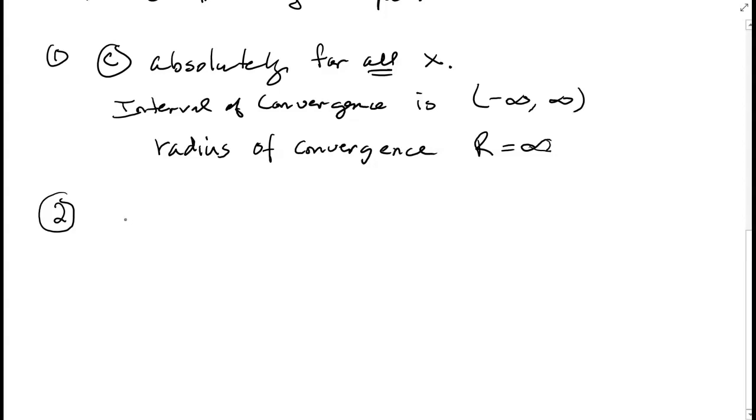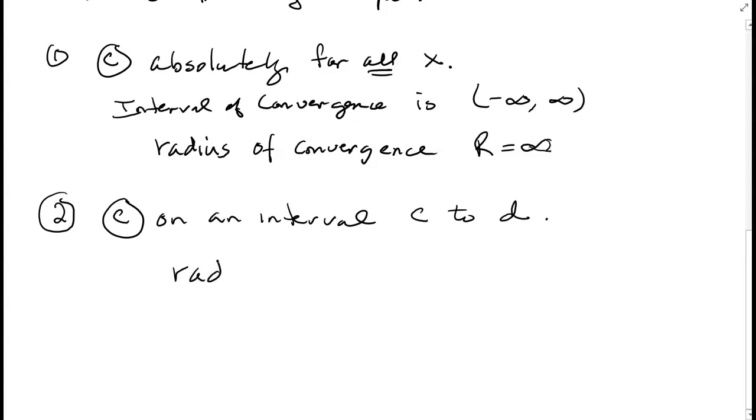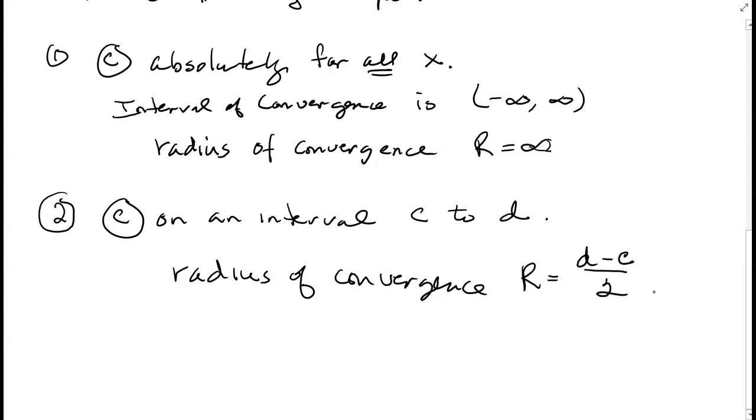In number 2, if it converges on an interval C to D, then we have a radius. And again, I want you to think of radius as a distance. It's going to be (D minus C) over 2.